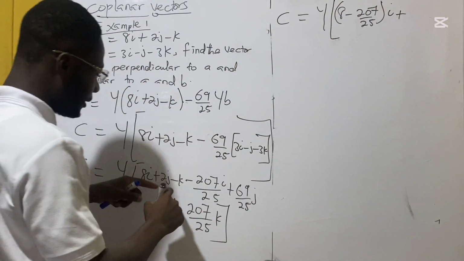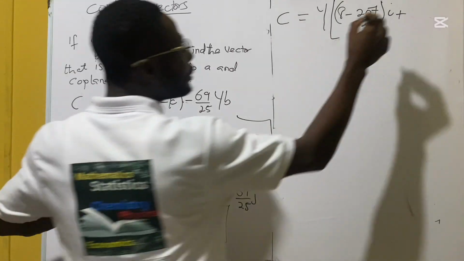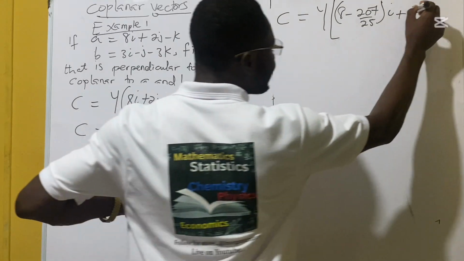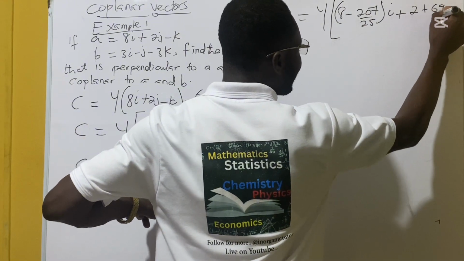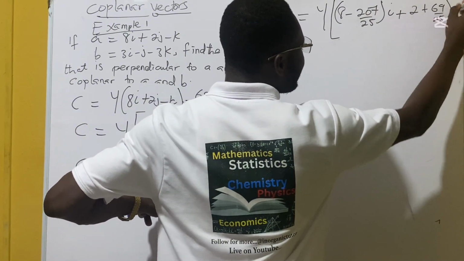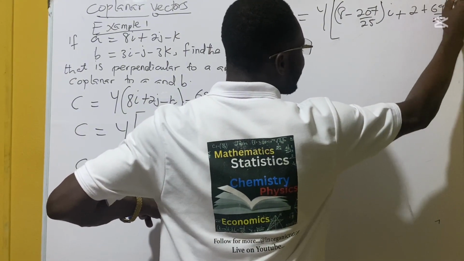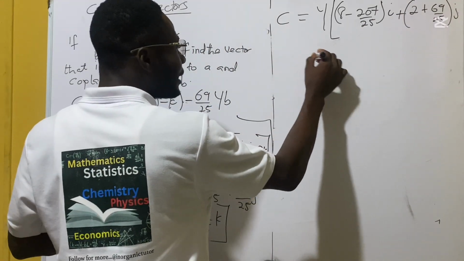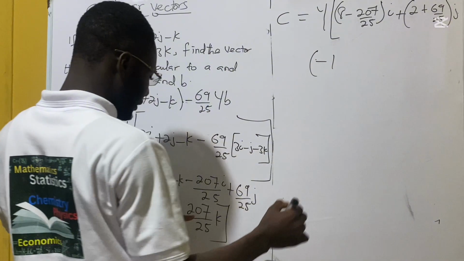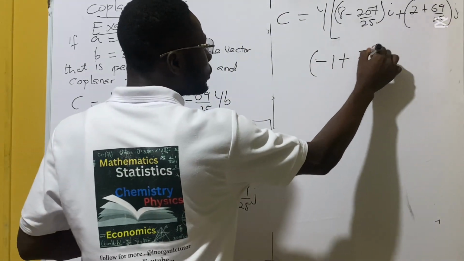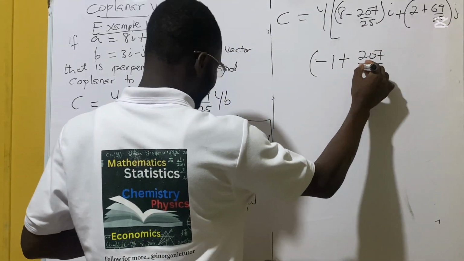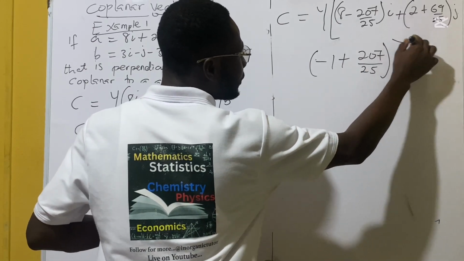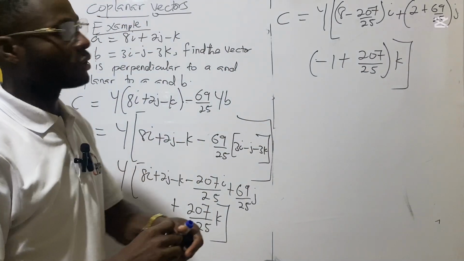Plus 2j, the 2 plus 69 over 25 of j, right? Then we have minus 1 plus 207 over 25 of k. Okay, so this is what we have now.